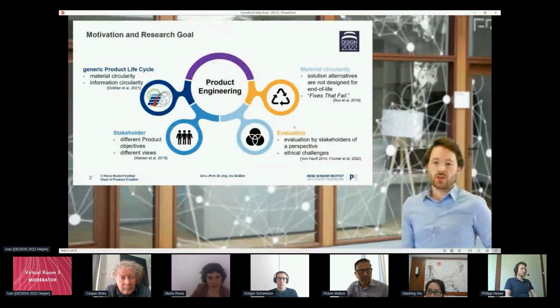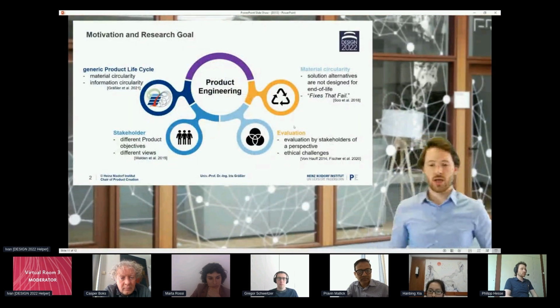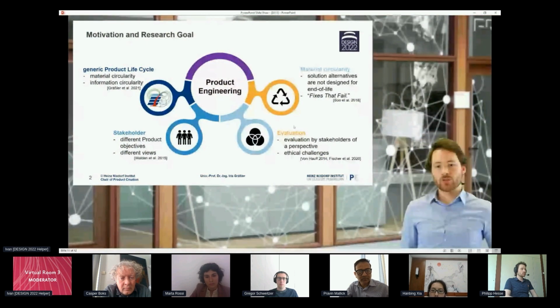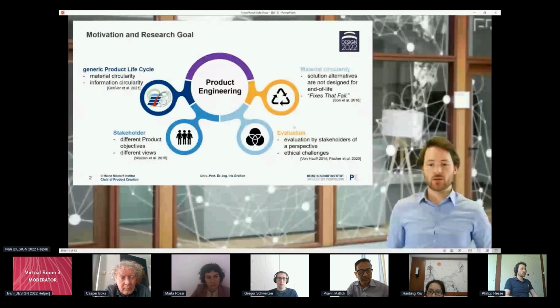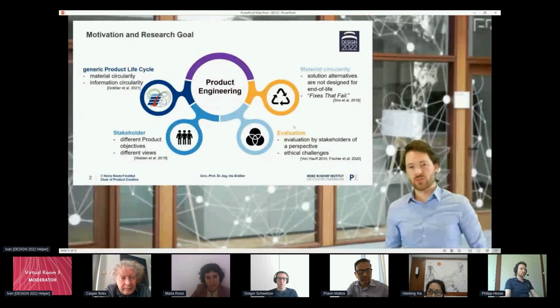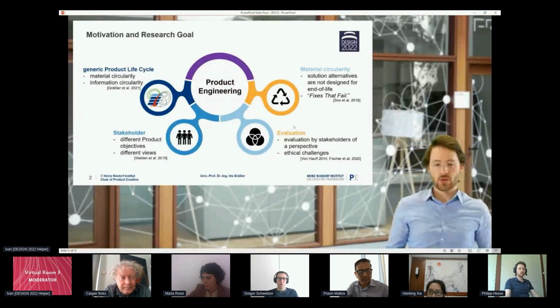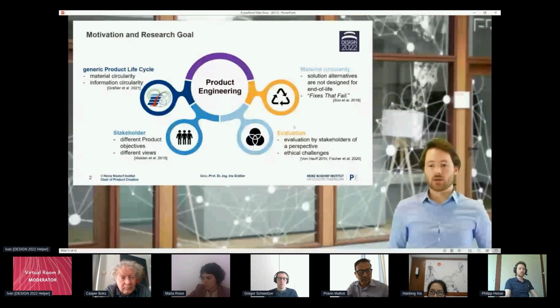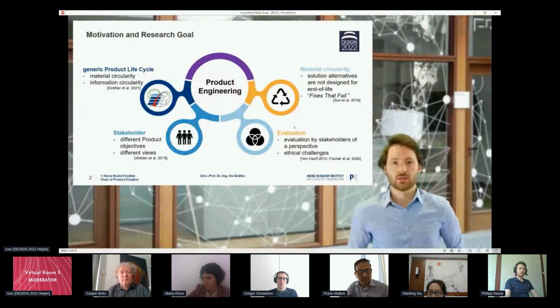For this research, we addressed 4 different types of needs. At first, we want to represent the material and information circularity inside an assessment of solution alternatives. Then we want to represent the different stakeholder perspectives of each life phase: strategic planning, engineering, realization, product usage, and end of product life inside such an assessment.